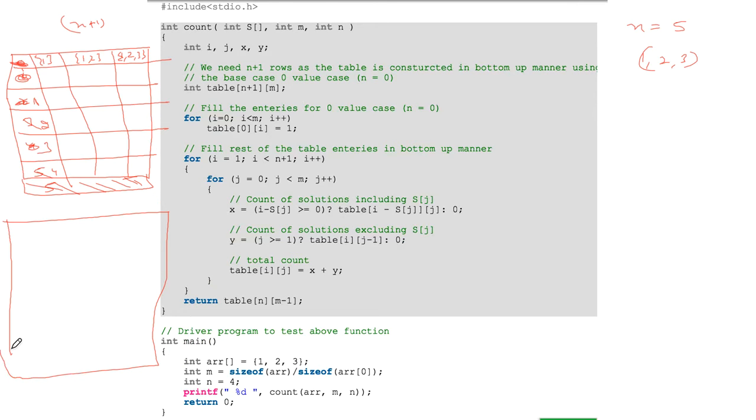Let's draw something similar: 0, 1, 2, 3, 4, 5.